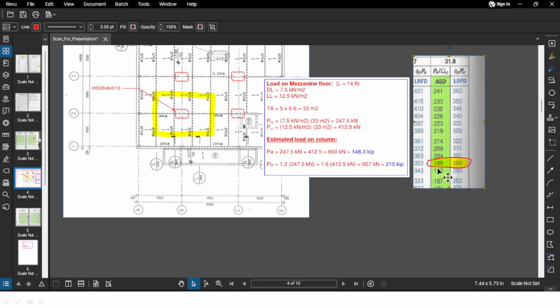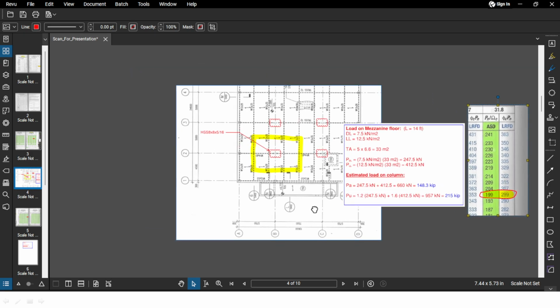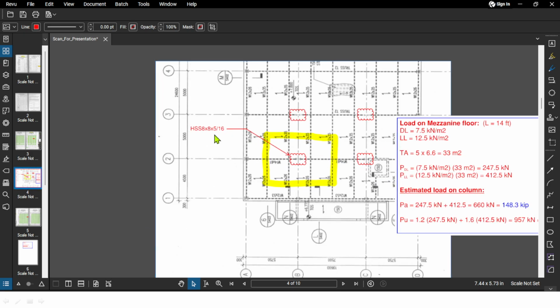So we are okay for AISC. Now for LRFD, the capacity is 299, but the actual is 215. So both AISC and LRFD are okay. Therefore, we can confirm that we can use these columns.